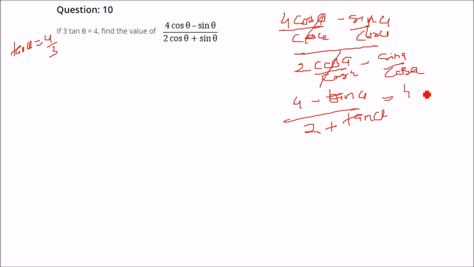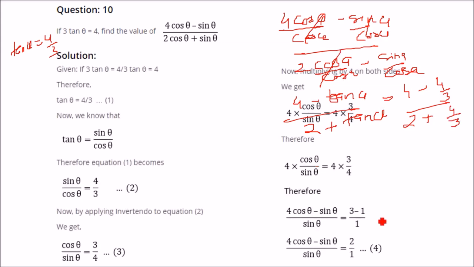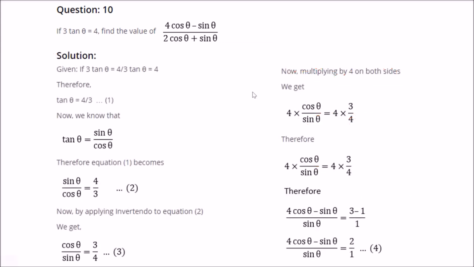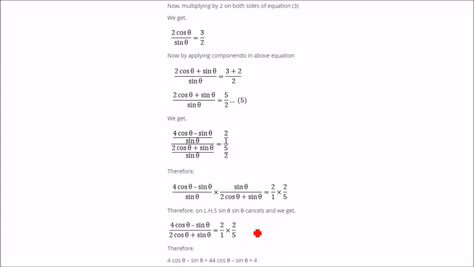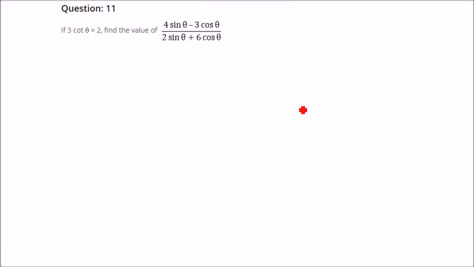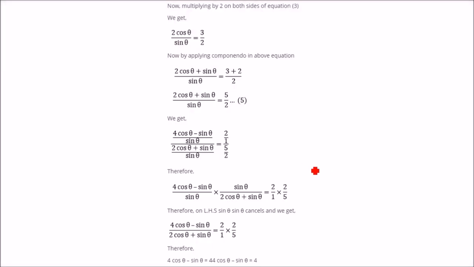Now put 4 by 3 in place of tan theta. So what do you get? 4 minus 4 by 3, and here you have 2 plus 4 by 3. Ultimately you are going to get 4 by 5.